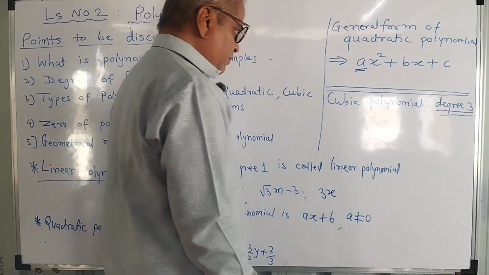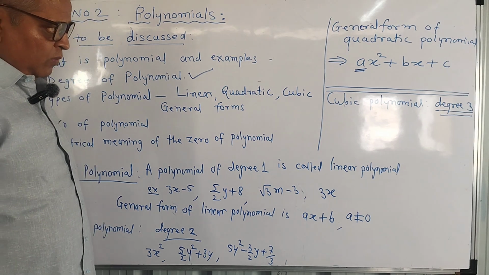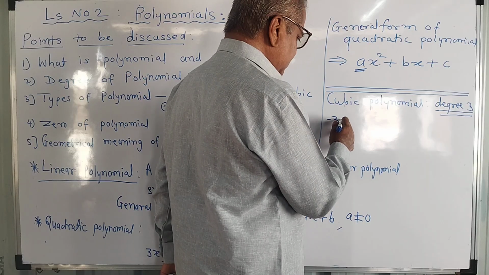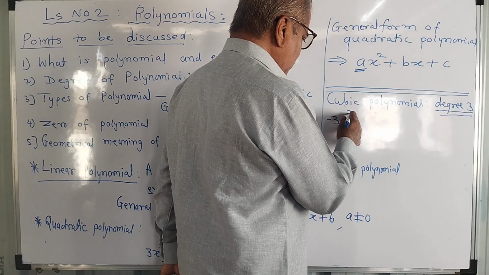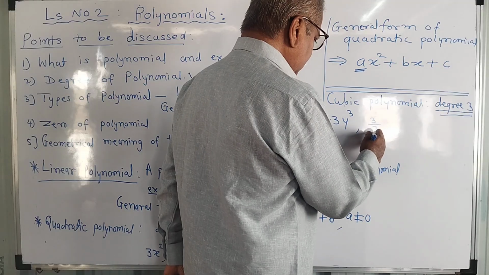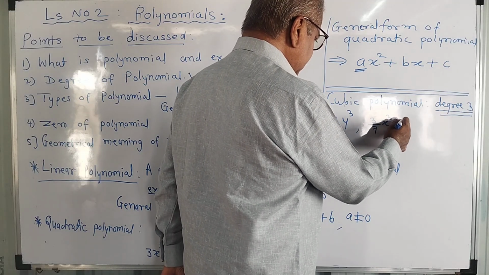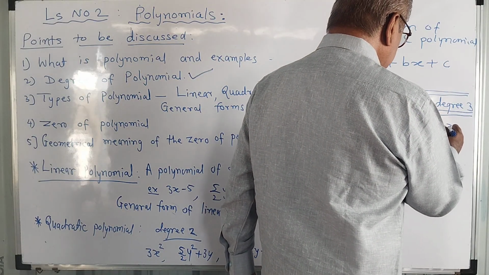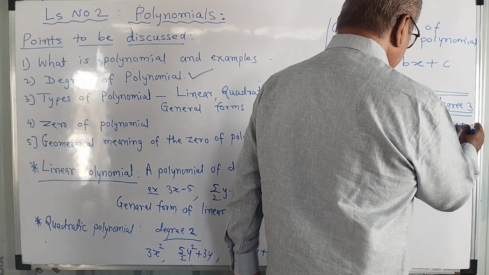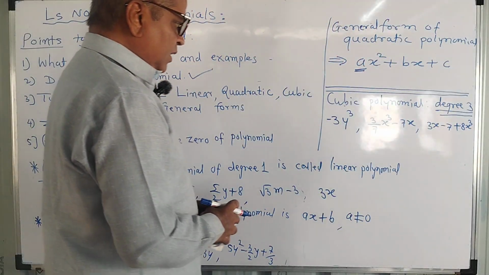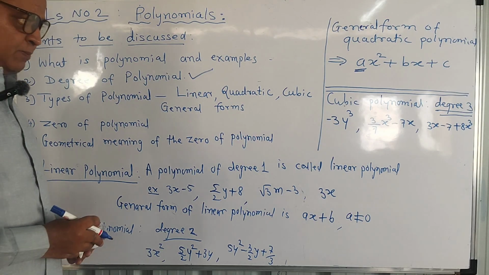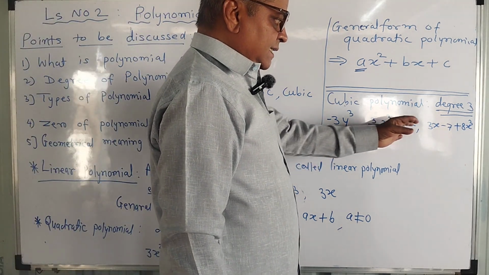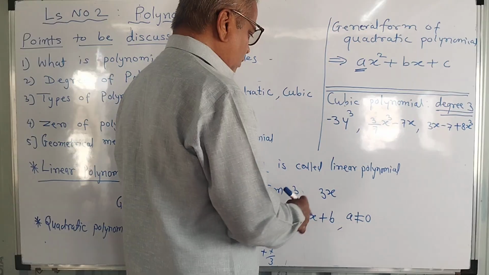If the degree is 3, then it is a cubic polynomial. Now examples of cubic polynomial we can write: 3 or minus 3 y cube, 3 upon 7 x cube minus 7x, 3x minus 7 plus 8x cube. So these are the examples of cubic polynomial. Each polynomial has degree 3. That's why every polynomial in these examples is a cubic polynomial.